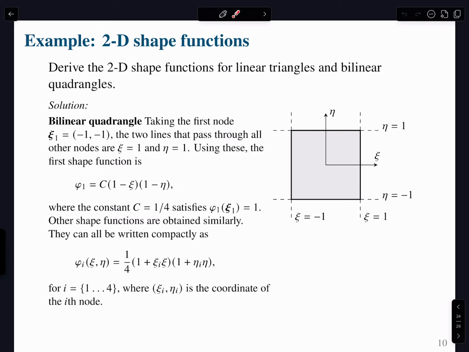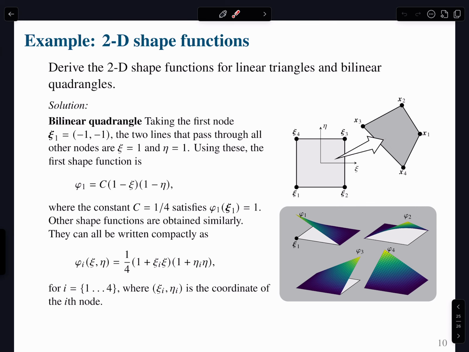So this is all shape functions in one equation, it's just that I'm going to be using this xi_i and eta_i, and those are the coordinates of the node that correspond to the function. Okay, this is the way they look, and these are mathematically exact. So I actually plotted this in this nice PGF plots library that I shared with you already. You can plot these functions as well, and you can see the curvature. You can see the effect of this bilinear term, right?